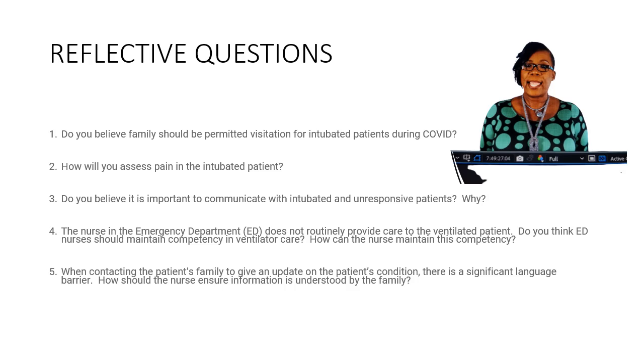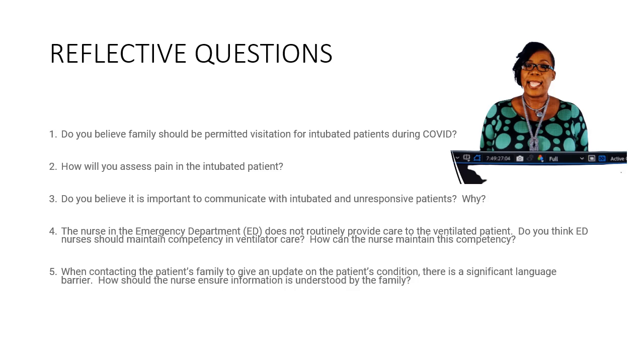And if yes, why? The nurse in the emergency room department does not routinely provide care to ventilated patients. Now, you can intubate a patient in the emergency room, and eventually the patient will be transferred. So it's not that the nurse will not see this happening or will not be involved, but it's not routinely done.